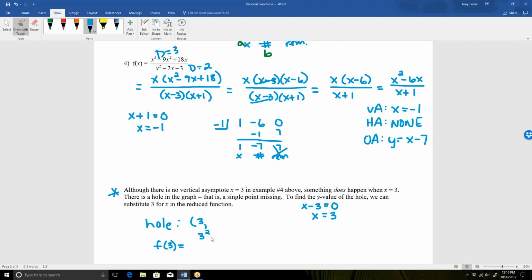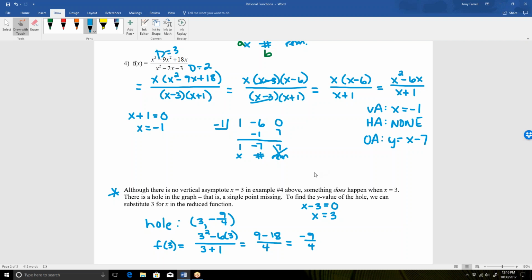We want to plug it into the reduced function. So we'll have 3 squared minus 6 times 3 over 3 plus 1. This gives us 9 minus 18 over 4, which is negative 9 over 4. So the ordered pair of the hole is 3, negative 9 over 4.